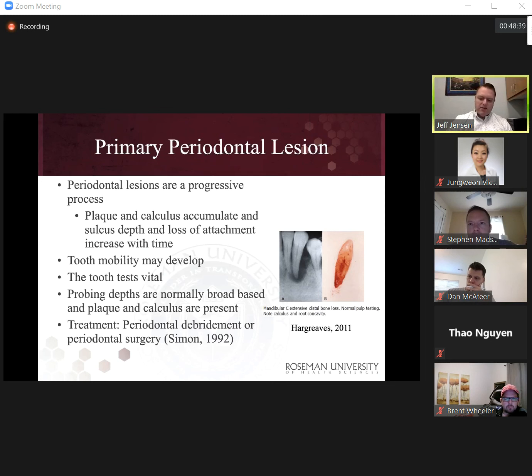Whereas a broad depth would be like I'm probing, I drop down, and I keep probing. It's more than a millimeter of distance before I start coming up again. So on an interproximal area, I'm probing deep both on the buccal and the lingual, and it's broad through that space.